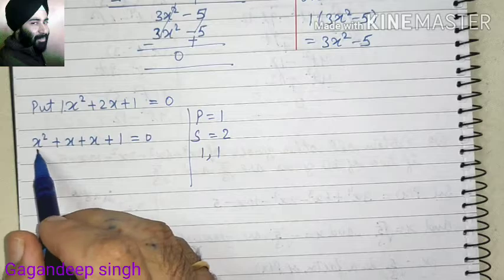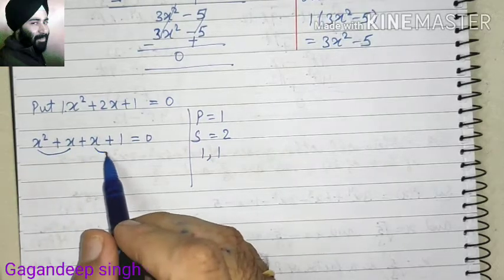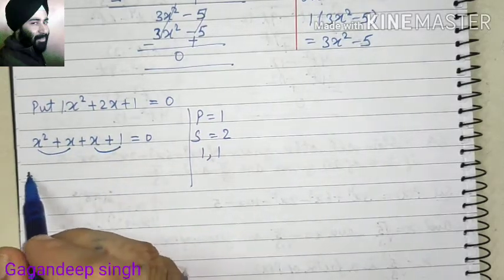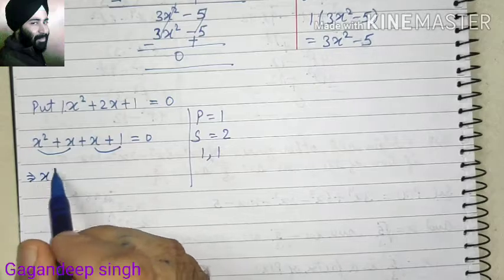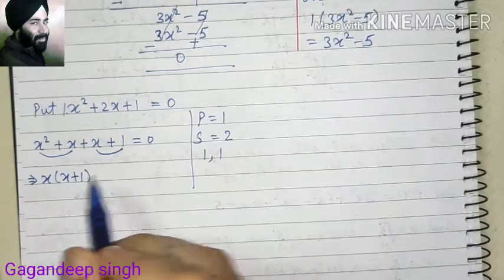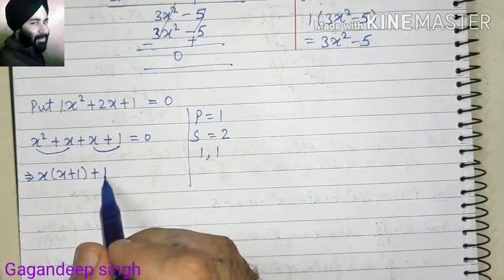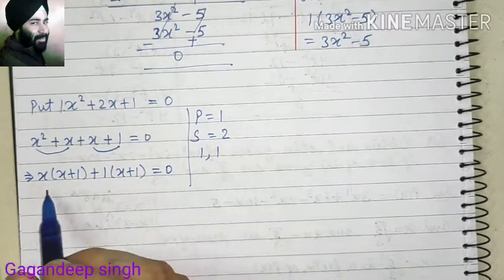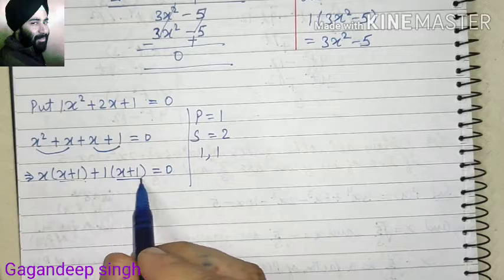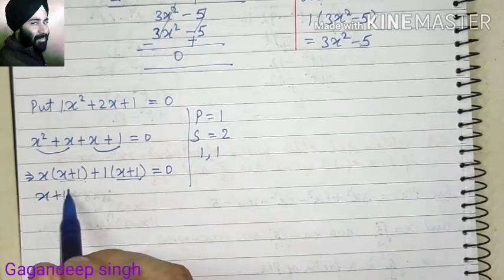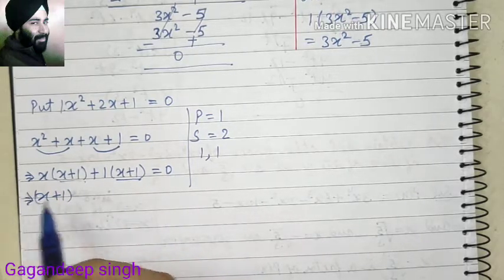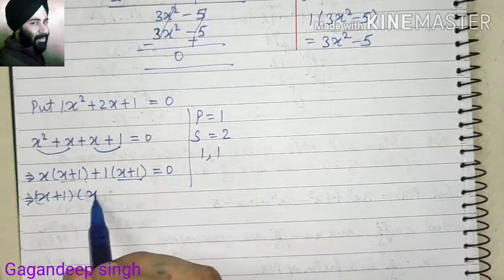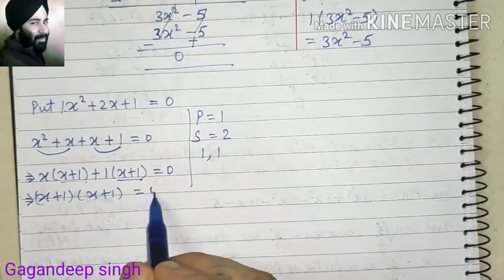Now take out common from first two terms and from last two terms. X is common, x plus 1, and from last two terms only 1 is common, x plus 1 is equal to 0. So we can see that x plus 1 is common and x plus 1 is equal to 0.